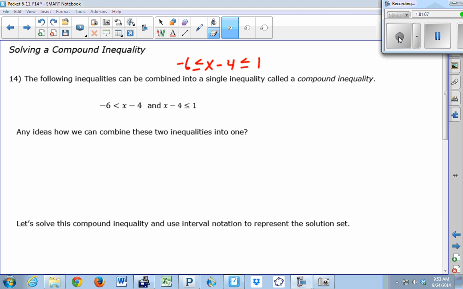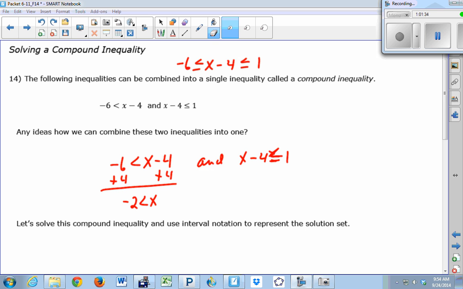And one way to solve this is to break it into two separate inequalities where you start with the middle and you say x minus 4 is greater than negative 6 and x minus 4 is less than or equal to 1. And then you solve this inequality by adding 4 to both sides, and you get x is greater than negative 2, and you add 4 to both sides here, and you get x is less than or equal to 5.